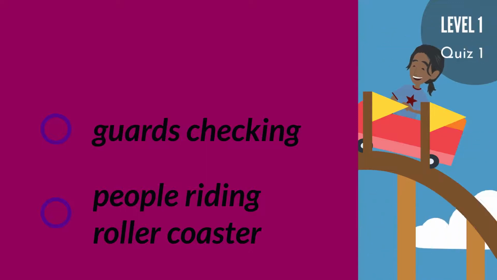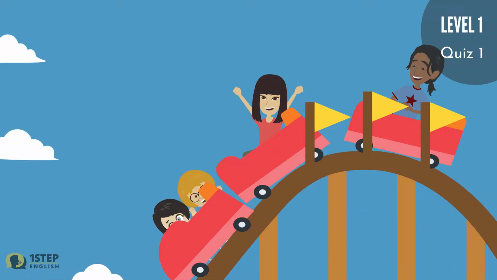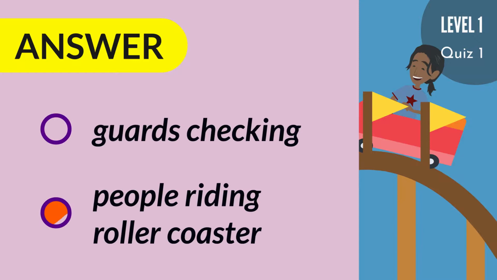Number 10. Guards checking. Or, people riding roller coaster. The correct answer is people riding roller coaster.